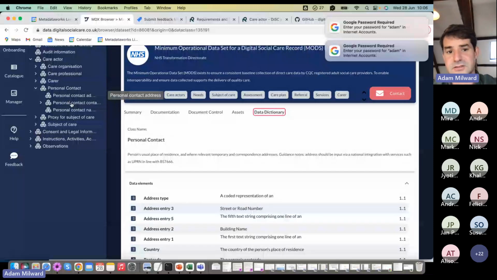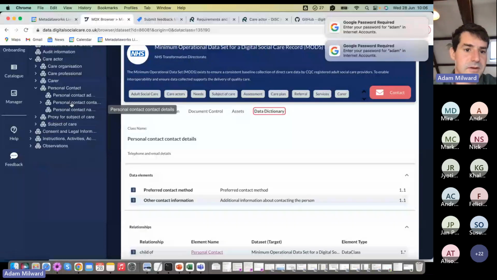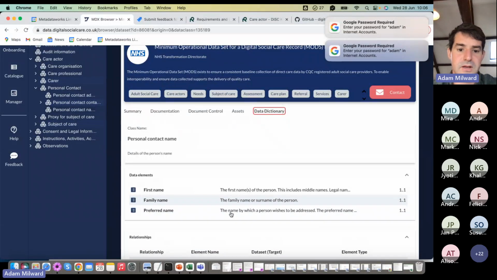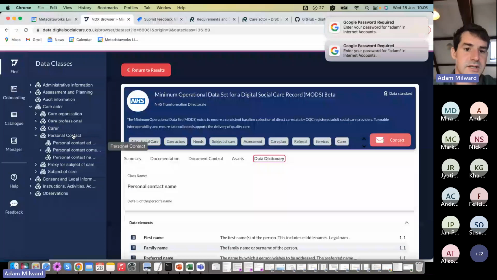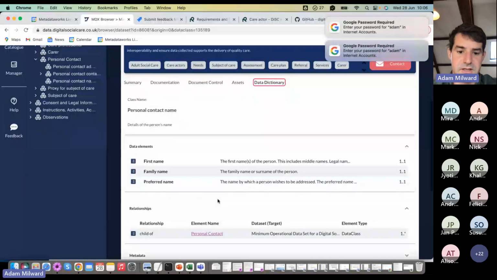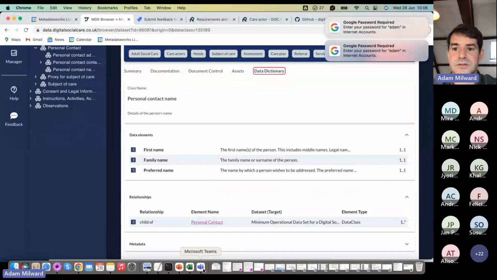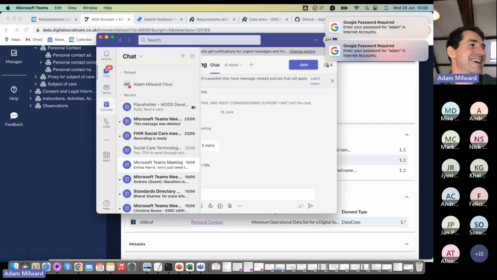We're looking for personal contact details, and then we're looking for the personal contact name. So again, we'll have a relationship between a person and personal contact, and this is what we'd expect to collect for them. So hopefully this won't be too controversial. Can we add the next poll, if that's okay?